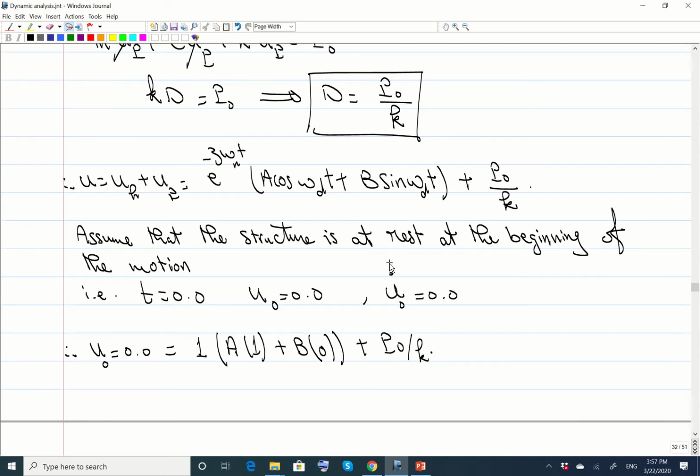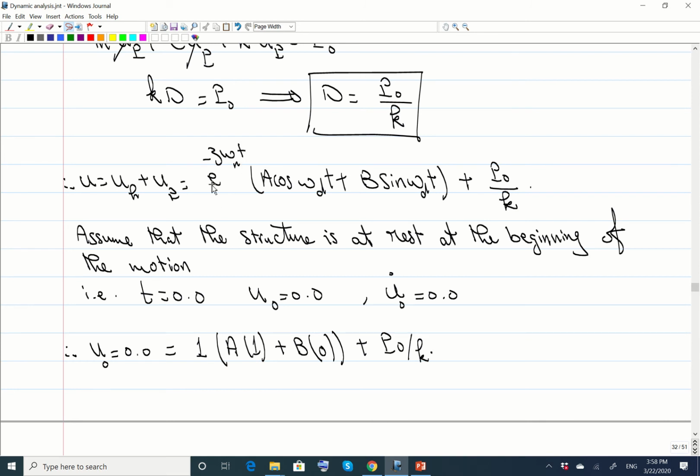So now, assuming that we start with a zero initial displacement, u node is 0 when the time is 0, and u dot node is 0. So let's put u node equal to 0.